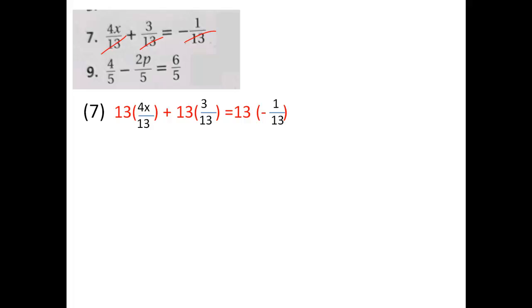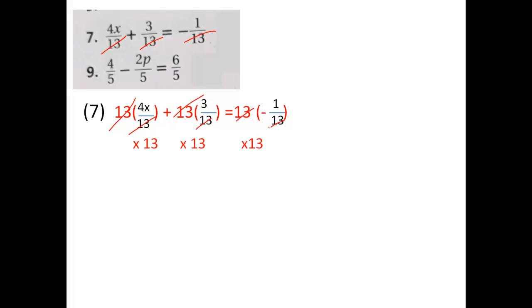Okay, when we multiply here, can we simplify? You remember simplifying fractions? So this 13 will go out with this 13, and the same for the other two. What remains from the first term is 4x, from the second term 3, and from the other term negative 1.